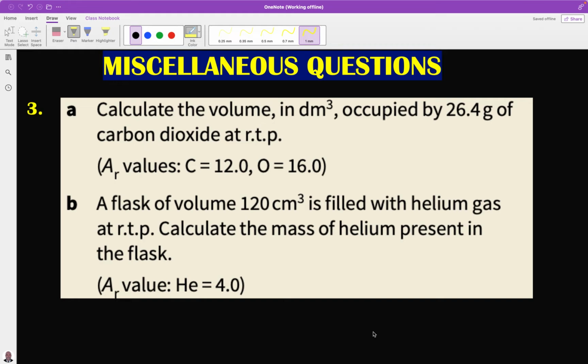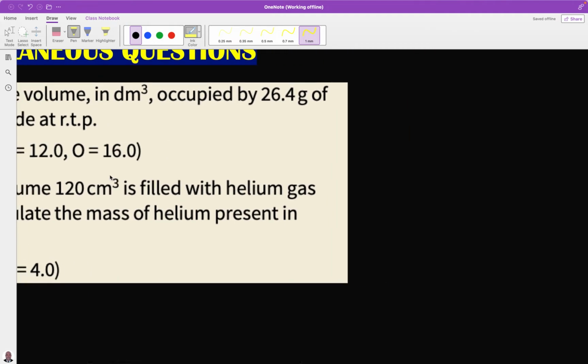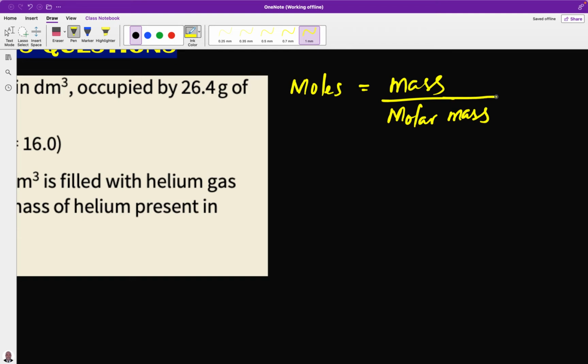From the data that we have got, we have to use the relation: moles will be equal to mass all over the molar mass. The molar mass, you can write it as MR.